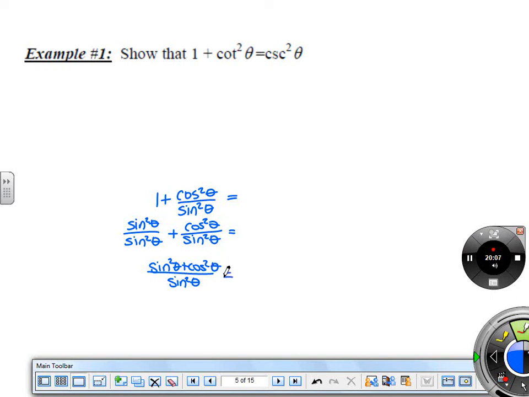All right, and what do we recognize? What do you recognize here? Now, you can't use that identity. That doesn't mean you can't use the other ones that we started with. So there should be something up here that you recognize.